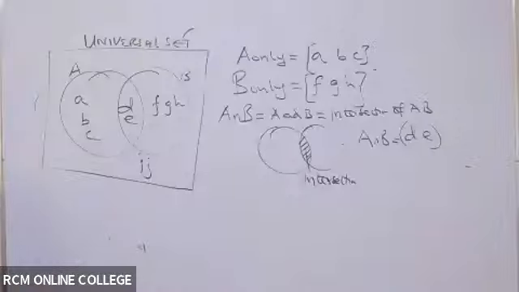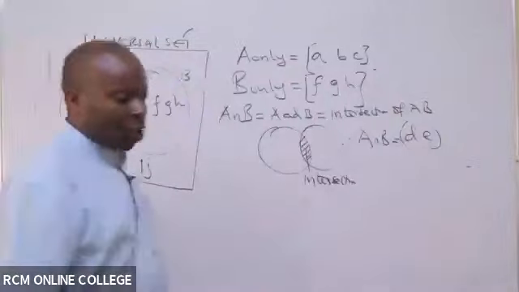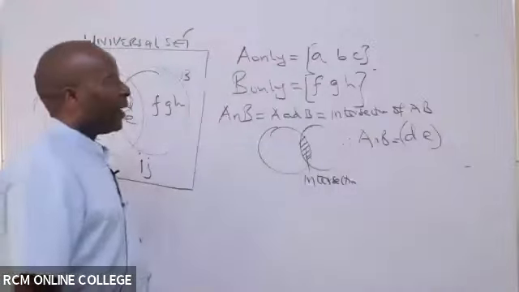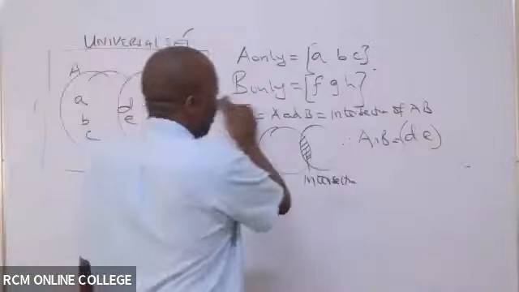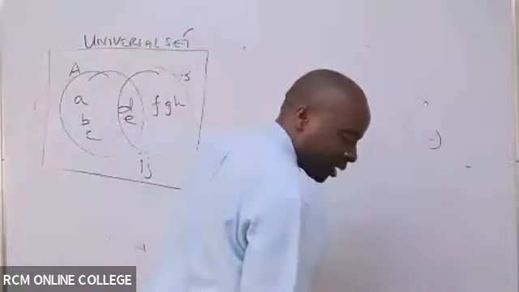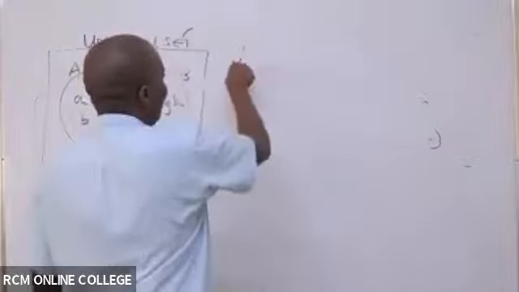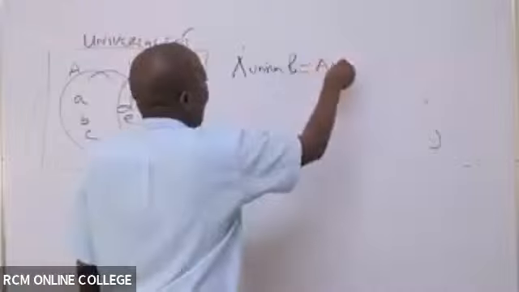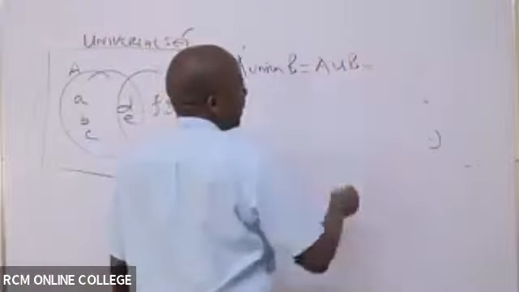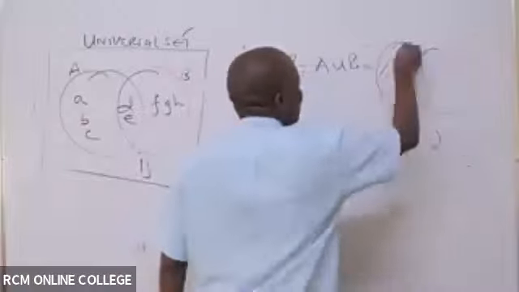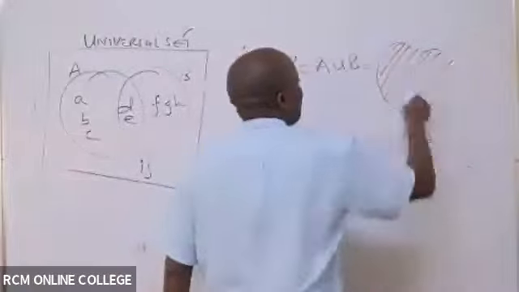So then lastly, we have what we are calling A union B, which is A ∪ B. Remember, if you unite, this is the marrying of the two sets.